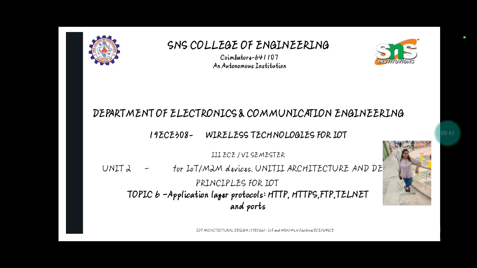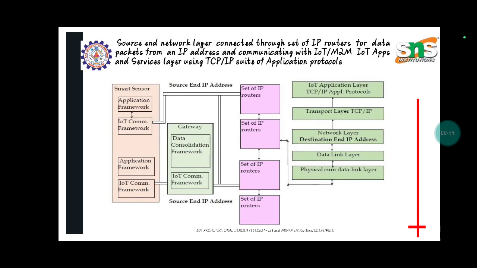HTTP is the Hypertext Transfer Protocol, with HTTPS as the secure version, along with File Transfer Protocol, telecommunication network and ports. First, we are going to see the source and the network layer connected through a set of IP routers for the data packets from an IP address, connecting IoT machine to machine, IoT apps and service layer using the TCP/IP suite of application protocols.